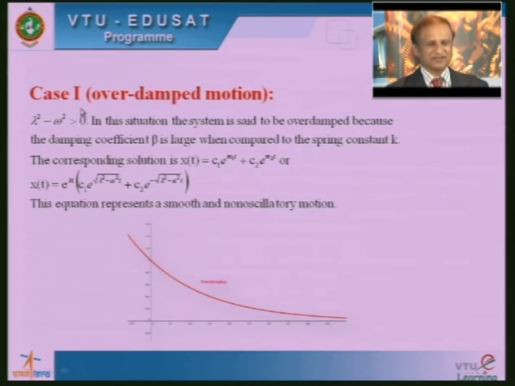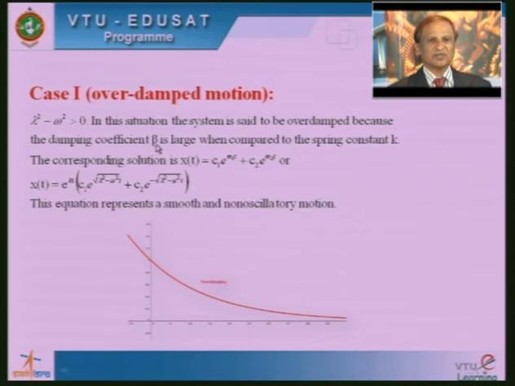We are already familiar, still I want to repeat once again. In this situation, the system is said to be over damped, because the damping coefficient beta is large when compared to the spring constant k.